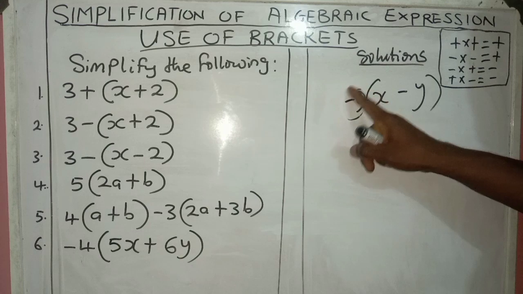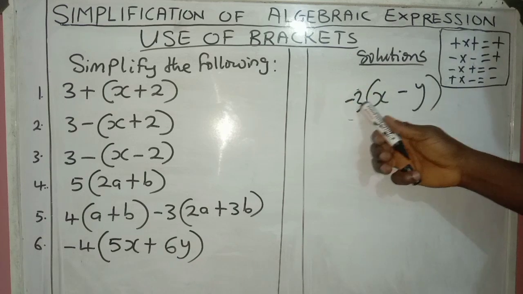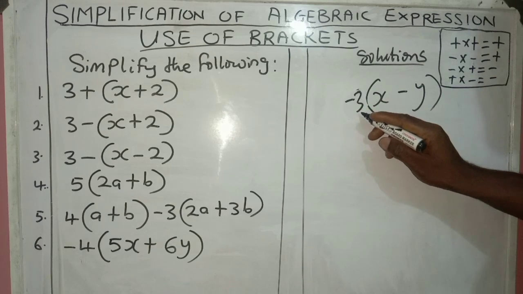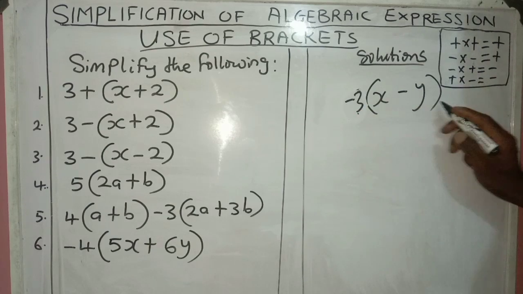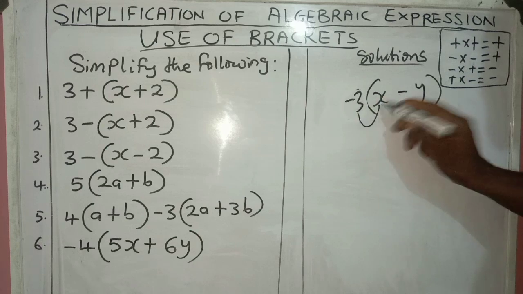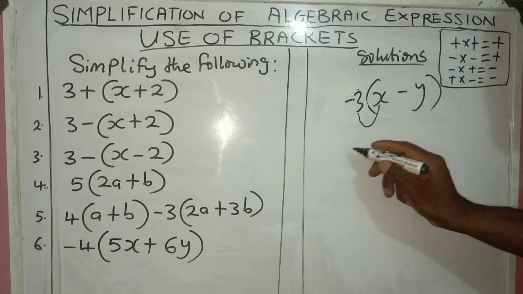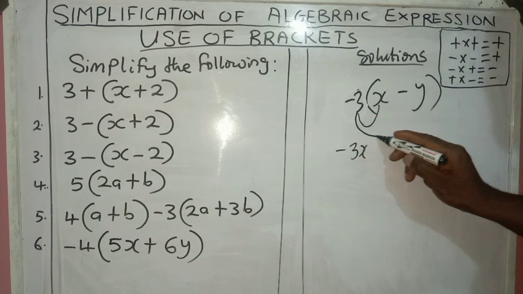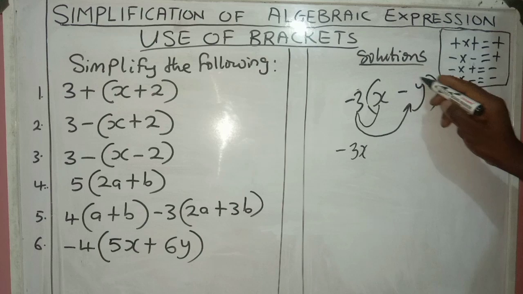So how do we do that? Since minus 3 is what is attached to this bracket, all we need to do is to use this minus 3 to multiply everything inside the bracket. That is by saying minus 3 multiplied by x. We write it out, that is minus 3x. Then after that, we equally multiply minus 3 by minus what? y.